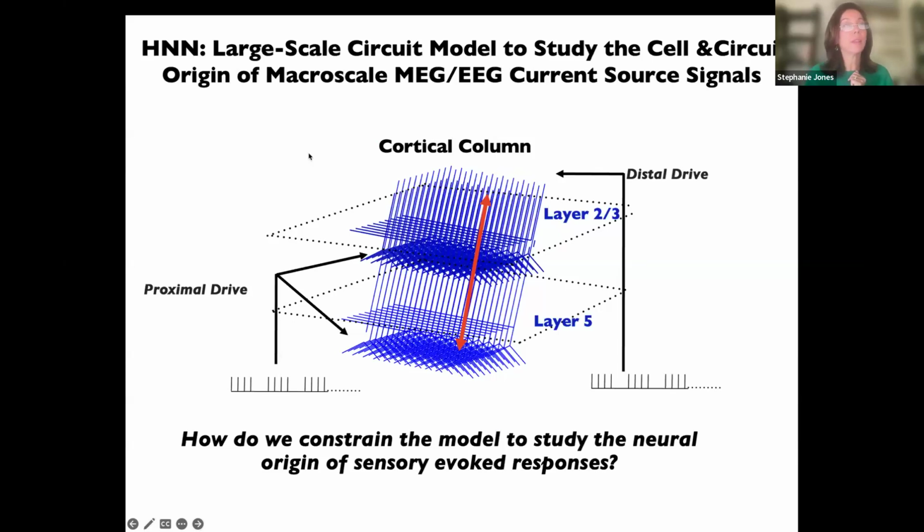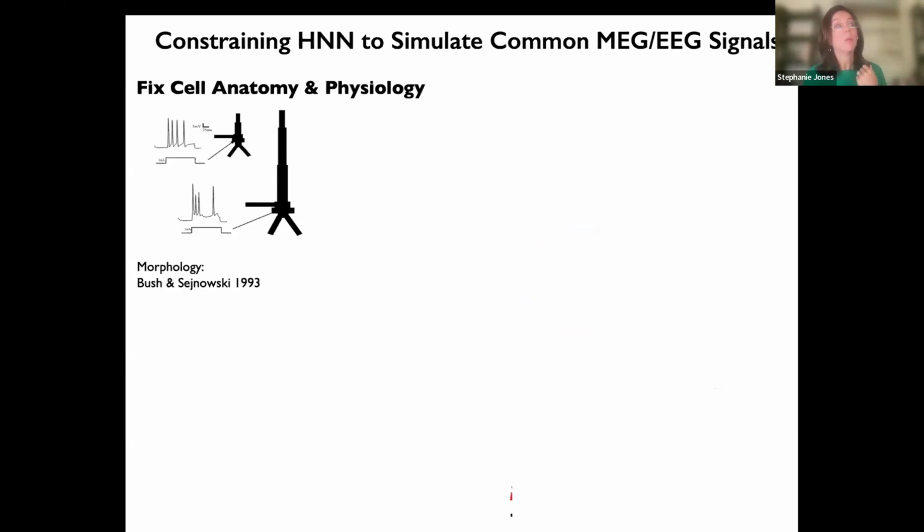Okay, so how do we constrain this model to study the neural origin of the sensory evoked response? Again, this is really large scale neural modeling. Well, there is a method to the madness. The first thing we did was we built the individual neurons. We fixed all of the anatomy and all of the physiology based on a lot of animal work studying the anatomy and physiology of cells across the cortical layers.